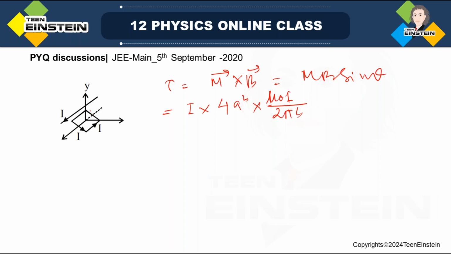M is along the y direction, as we have seen, and the magnetic field at this place will be in the radial direction, like this.